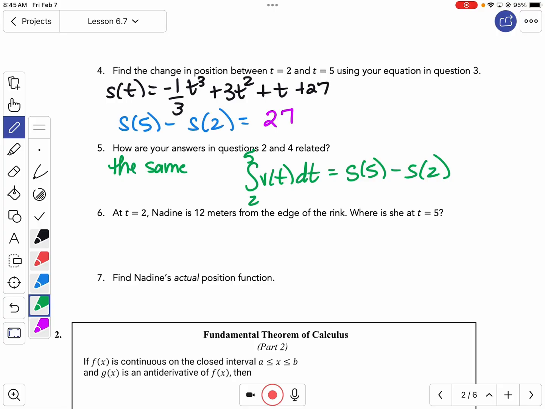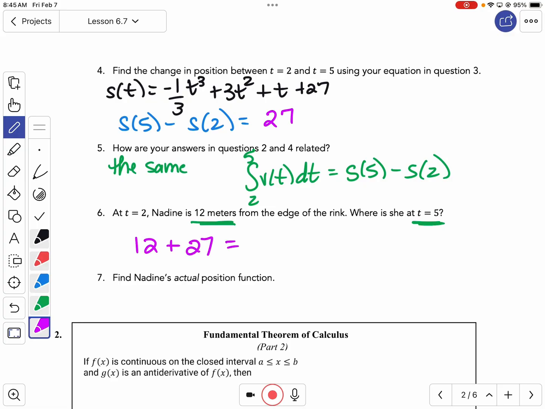Now, on number 6, it says at t equals 2, she's 12 meters from the edge of the rink. Where is she at t equals 5? At t equals 2, she's 12. From 2 to 5, how much distance did she cover? 27.